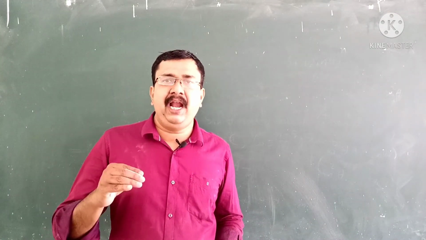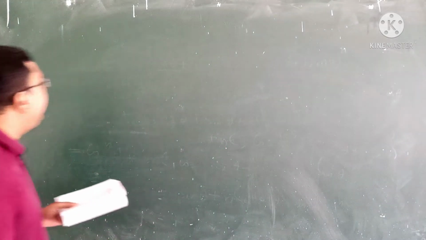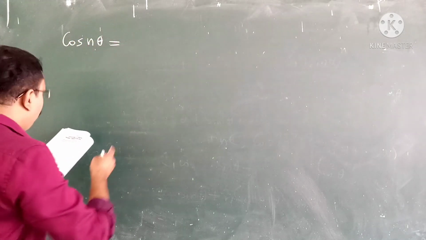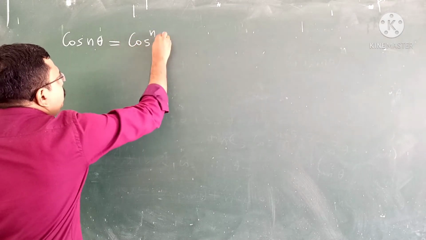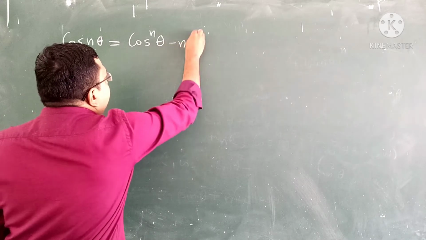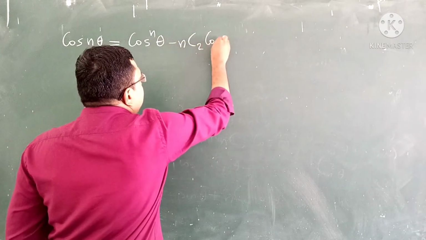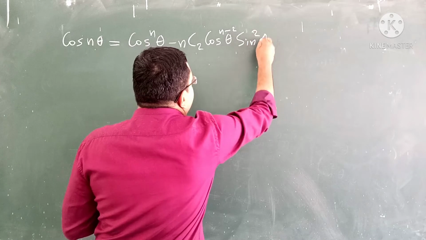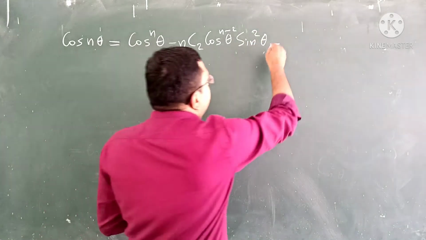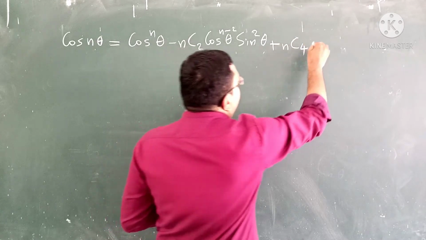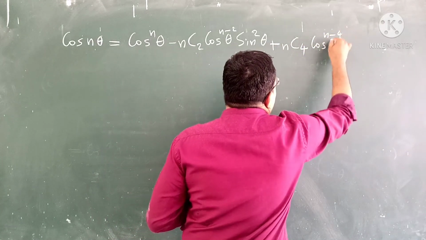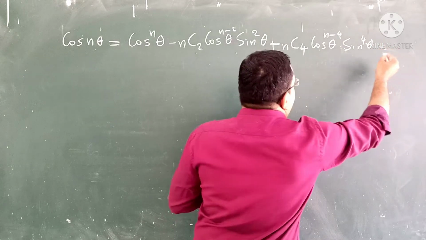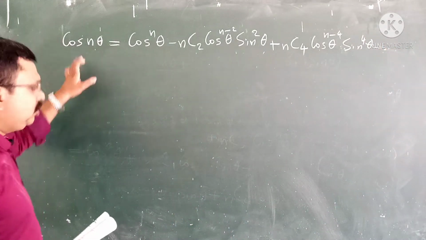Then we will get cos nθ equal to cos^n θ minus nC2 cos^(n-2) θ sin²θ plus nC4 cos^(n-4) θ sin⁴θ minus etc. Okay, that is how cos nθ.